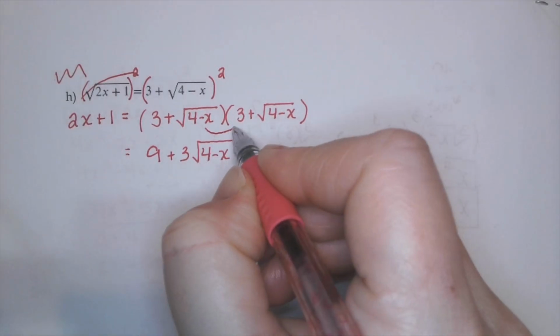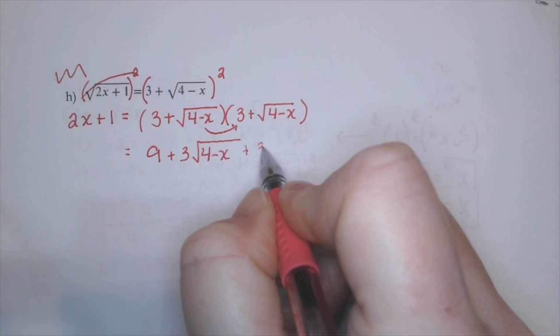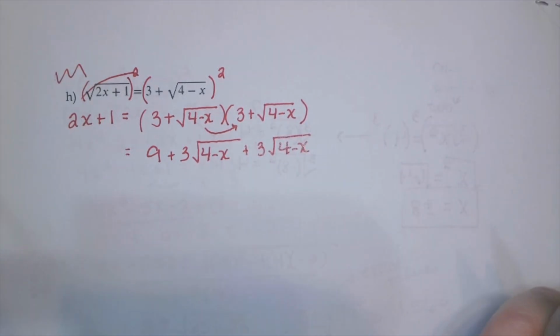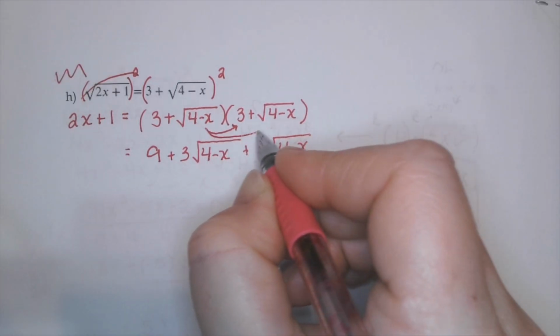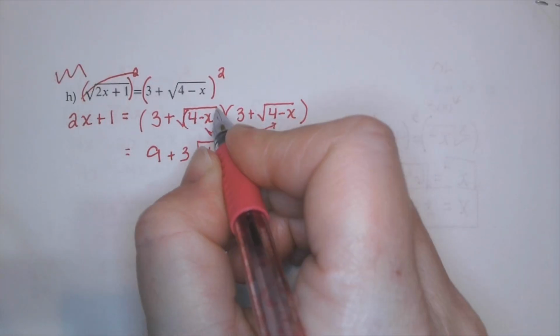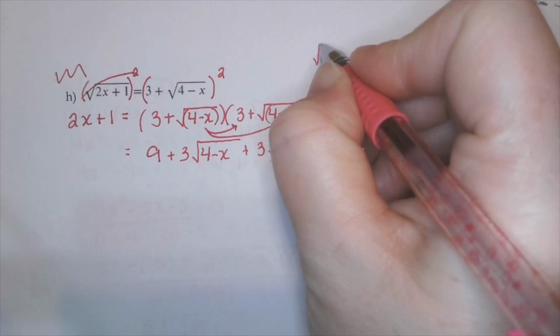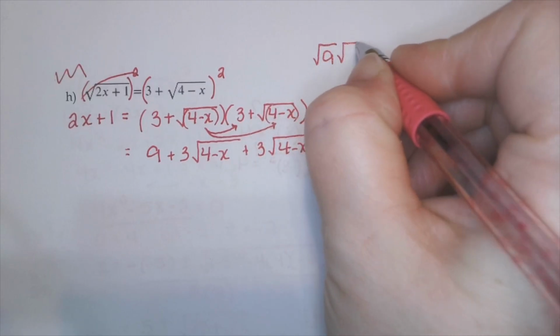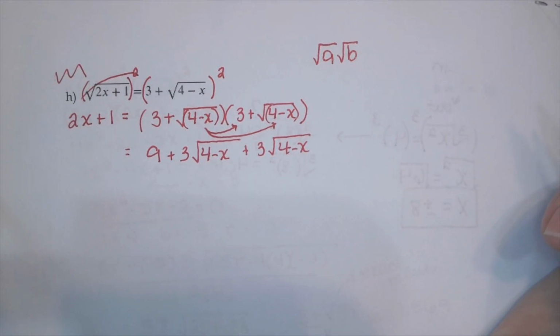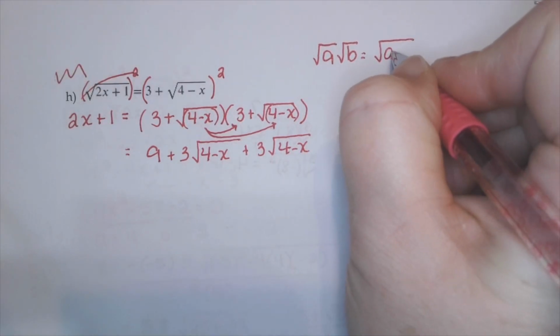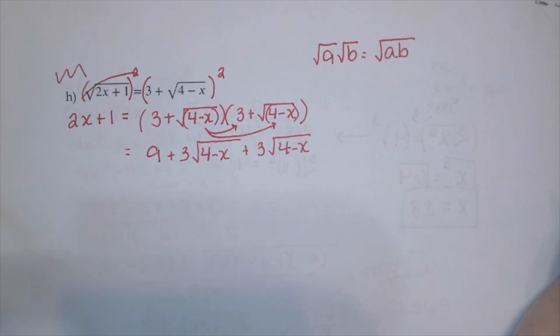When I do the inside, I'll have another 3 square roots of 4 minus x. And then what we'll have, we know that underneath these pieces here are 2 binomials, and when I multiply 2 radicals, remember our rule from earlier, if I have a times b, the radicals are multiplied, then I can squish them and multiply a times b on the inside.